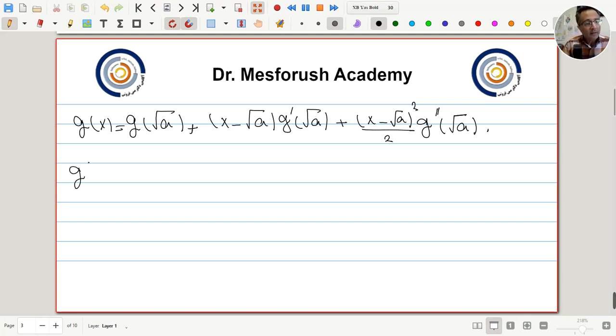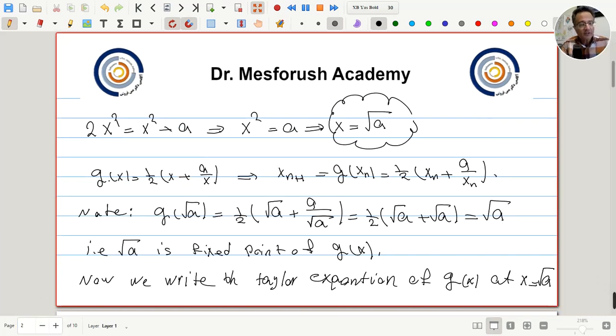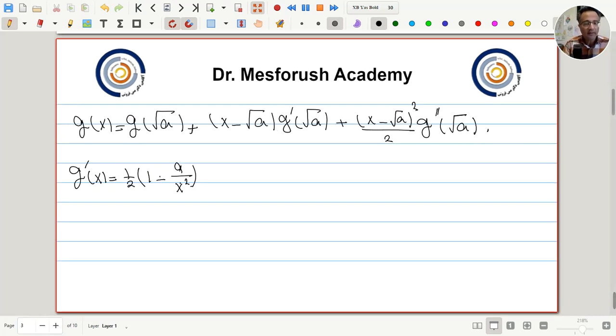Now, we compute g prime of x. g prime of x is 1 over 2 times (1 minus a over x squared). Why? Because we have defined g of x something like this. Exactly something like this.